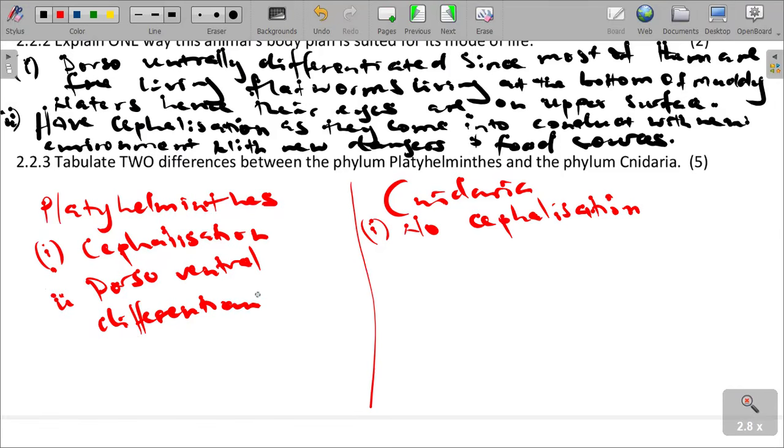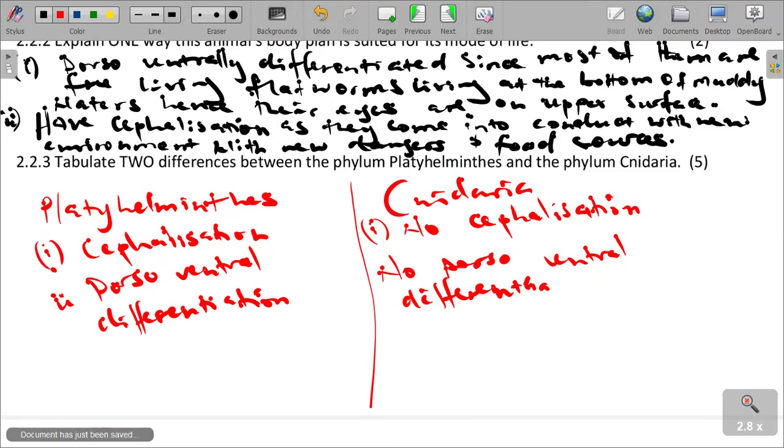They have a dorsoventral differentiation, while in the other phylum it is not there. You don't have it.